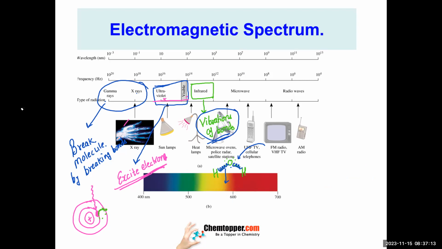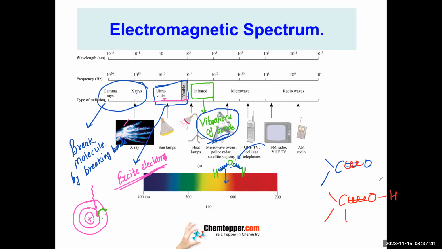Like for example, if I give you C double bond O, this is a spring. Let's make it a spring like this. And if I give you C single bond O, let's make a spring. Can you tell me in which case more energy is needed to vibrate it? Yes, Lisa, more energy is needed.